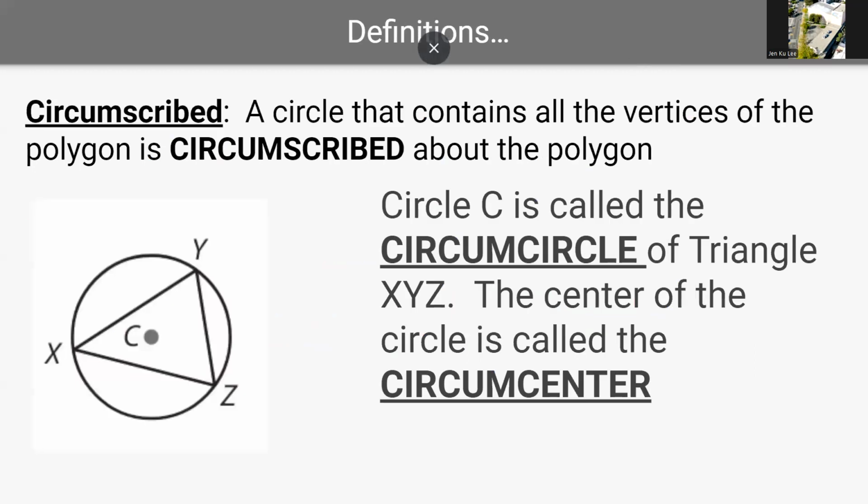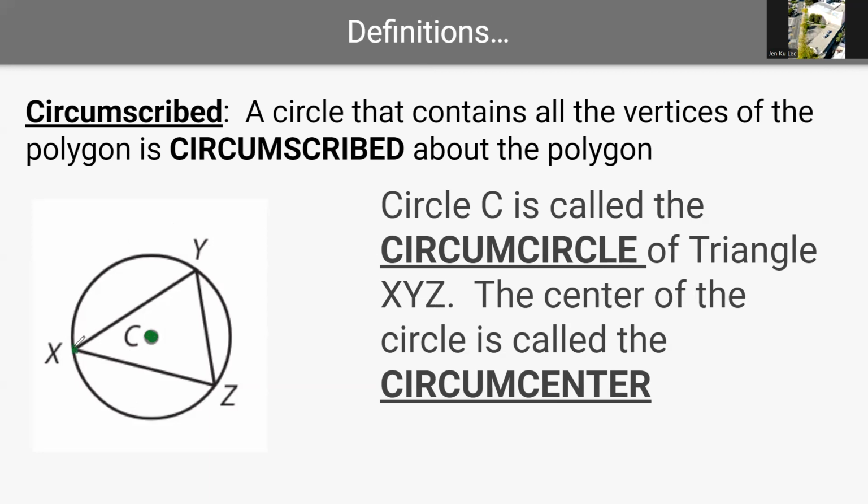So here are some definitions that we have to cover first. Okay. Circumscribed is basically this circle, circle C, and we label it from the center point. That's the circle C. A circle that contains all the vertices of the polygon is called circumscribed about the polygon.